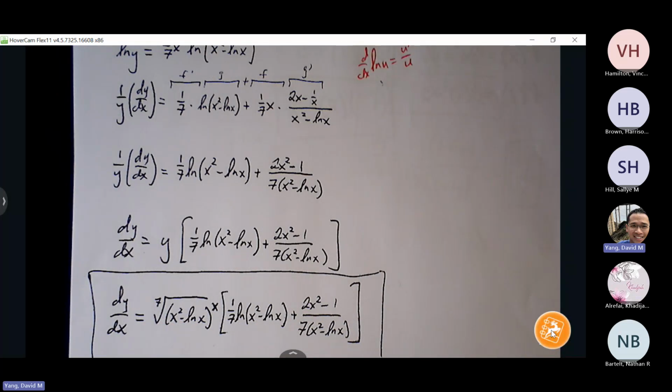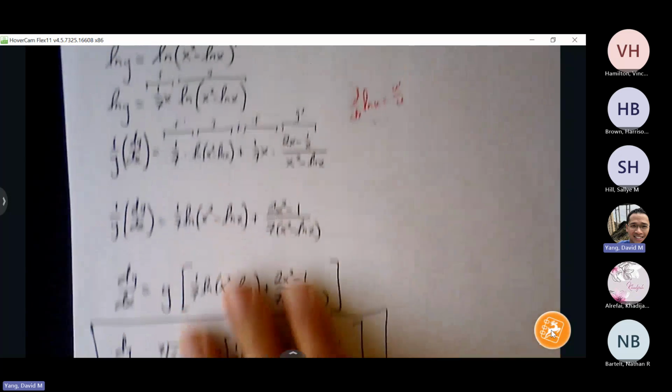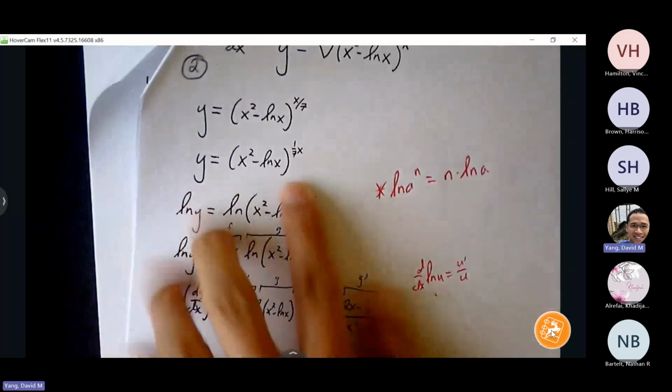You made it 1/7 natural log of the 7th root? No, the seventh root is just from the original equation.